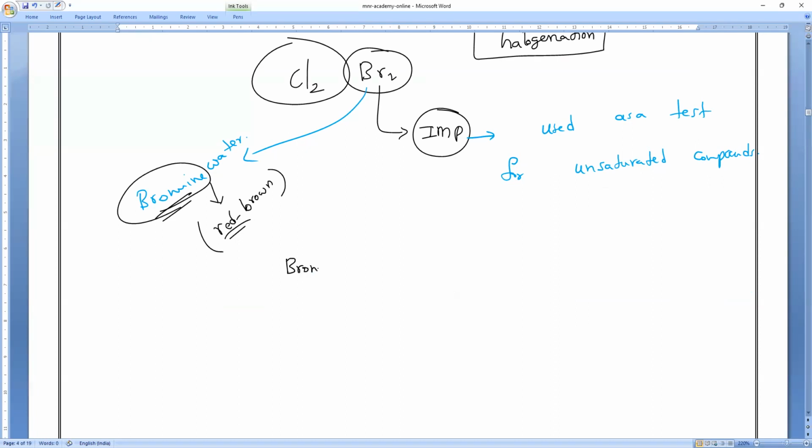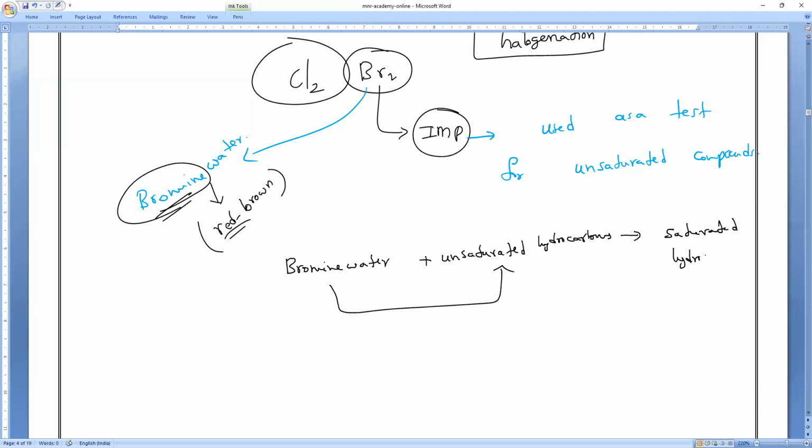So when bromine water is added to unsaturated hydrocarbons, note it everyone, bromine will react with that and form a saturated hydrocarbon, and the bromine will become colorless. That is very, very important. Clear, everybody? All of you? Understood?